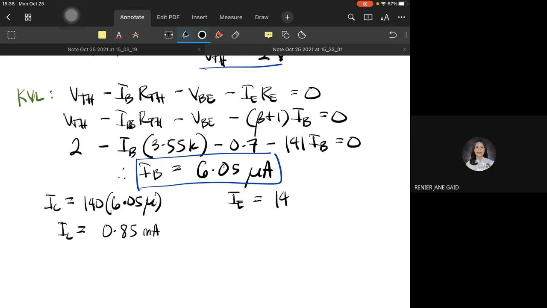IE is 141 times 6.05 microamperes. IE is, how much is this? 0.86 milliamperes, about 856 microamperes.